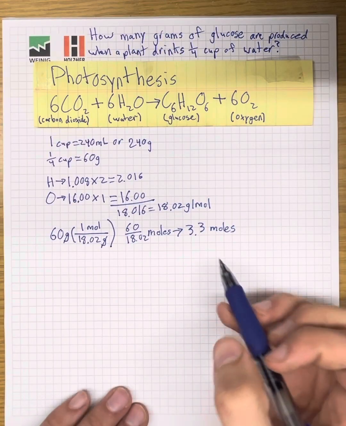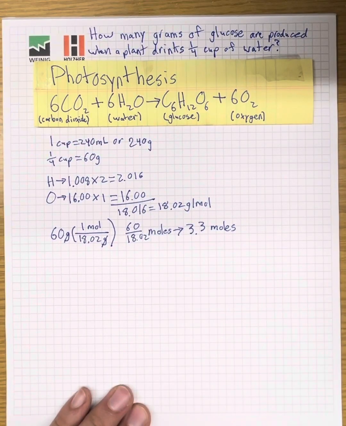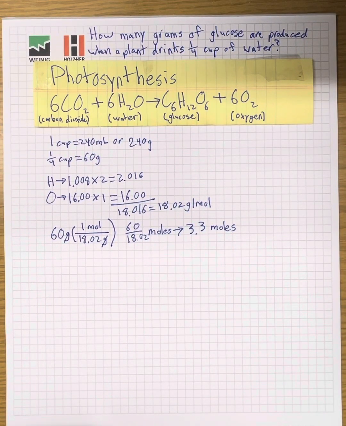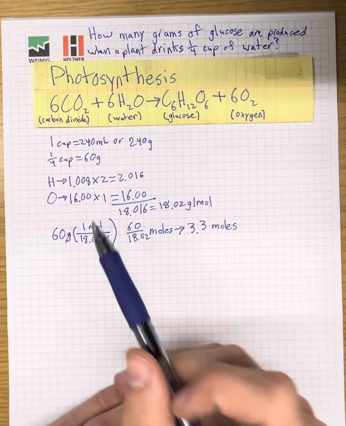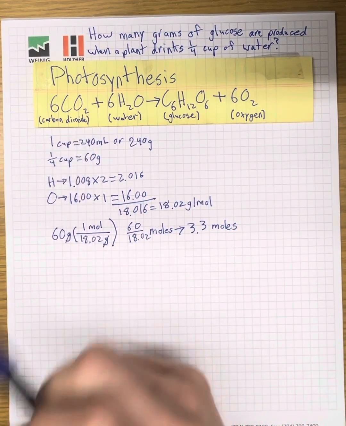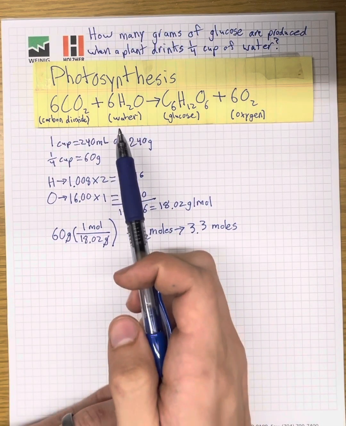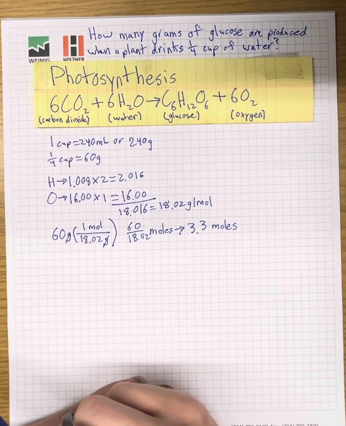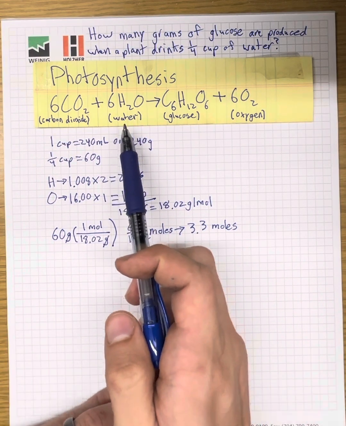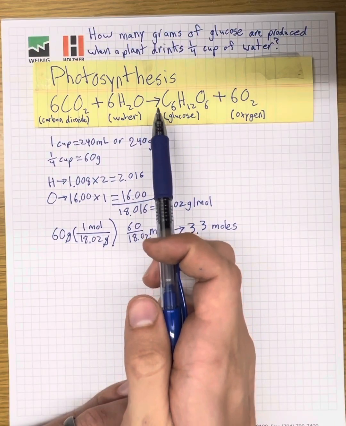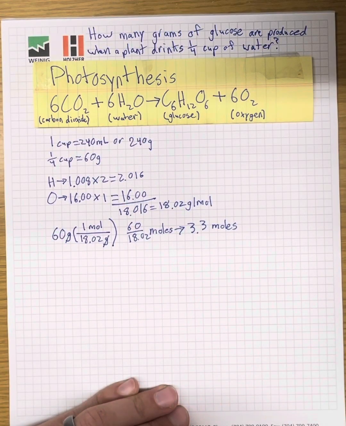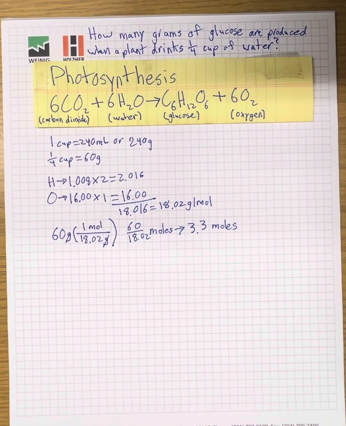Now we need to figure out how to get from that to figuring out how much glucose we have. Now remember, when we look at our formula, we see that there are 6 carbon dioxide molecules for every 6 H2O molecules, and there are 6 H2O molecules for every 1, that's implied, glucose molecule, and then same for this 6 oxygen.